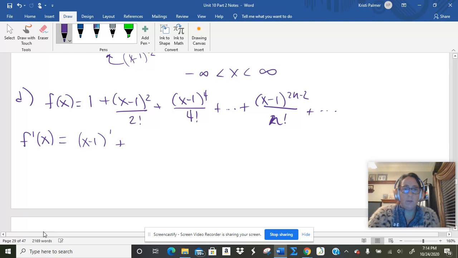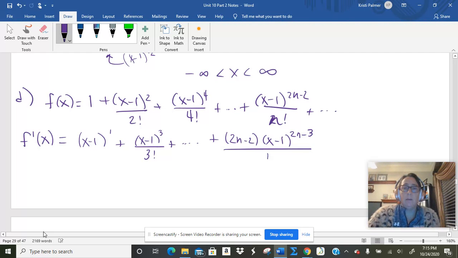Plus, bring my 4 down, I have x minus 1 to the third over 3 factorial, because the 4 cancels with that 4. Plus dot dot dot. I'm going to bring this guy down, 2n minus 2 times x minus 1 to the 2n minus 3 over n factorial. Plus dot dot dot.